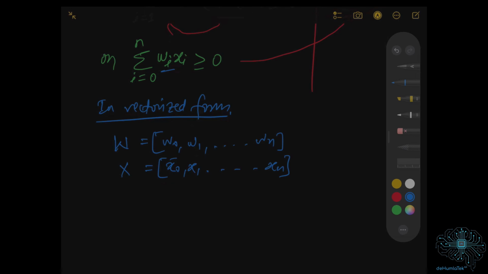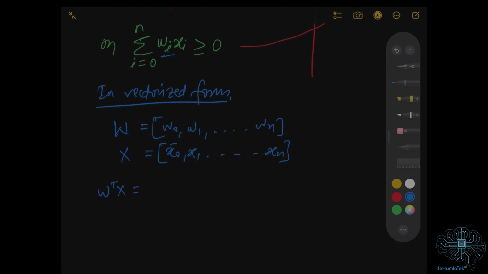Now we are trying to reduce that equation into vectorized form. We have the sum over i equals 0 to n of w_i x_i.